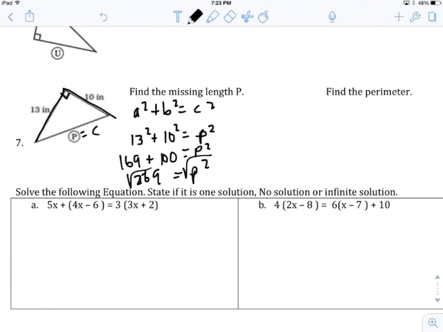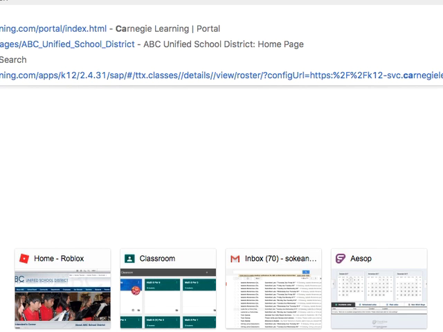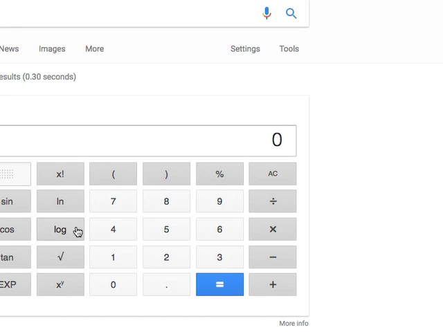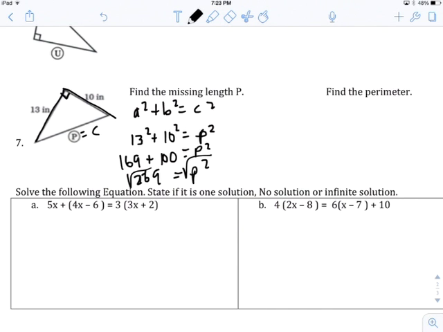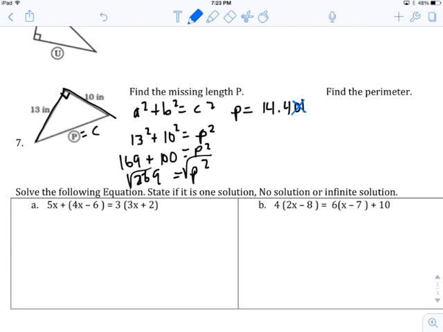Oh my gosh. Calculator again. I should leave it up. Square root of 269 equals 14.401. P equals 14.401, so it's 14.4 inches.